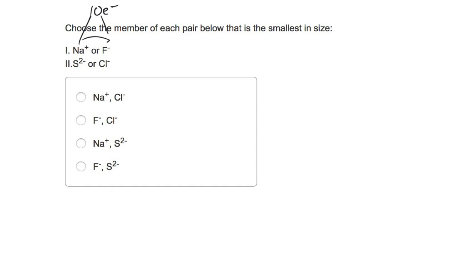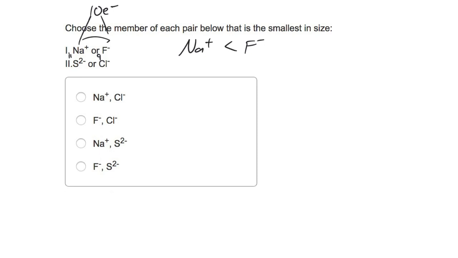And so whenever ions have the same number of electrons, we have to then look at their number of protons. We have 11 protons for sodium, only 9 for fluorine, of course, from the periodic table. So we have more positive particles to pull the electrons in for sodium. So sodium is going to pull those electrons in more closely. So sodium plus is going to be smaller than F minus.